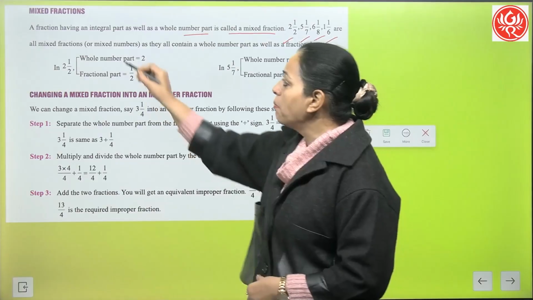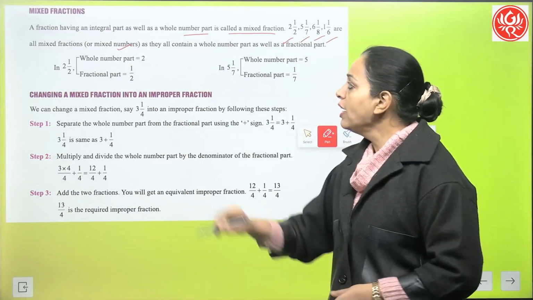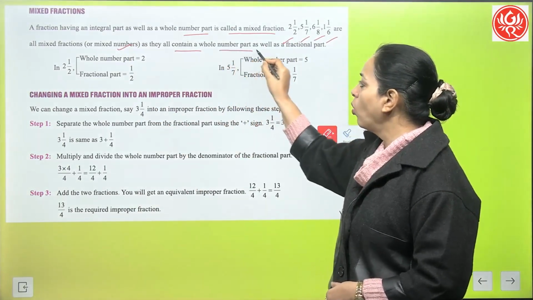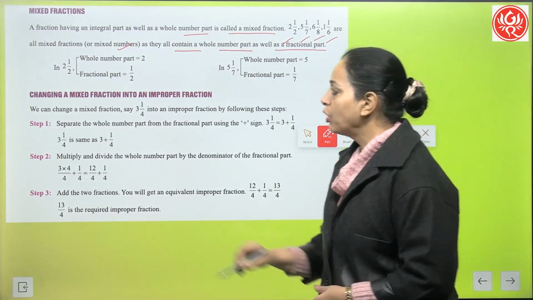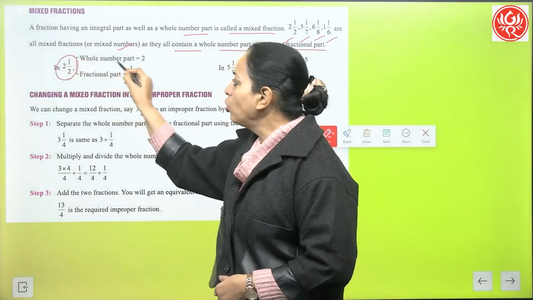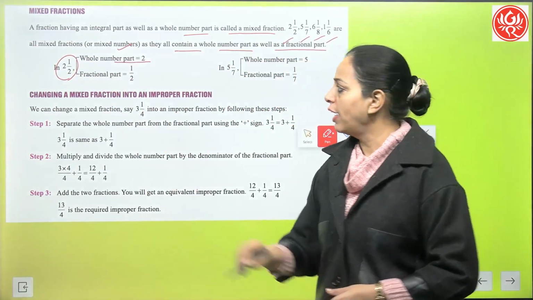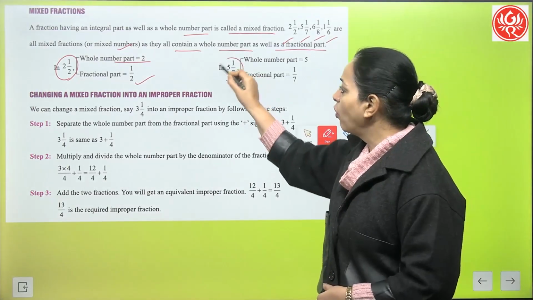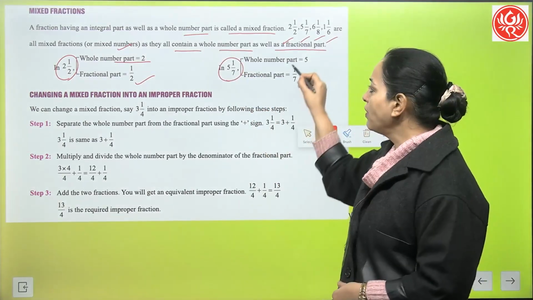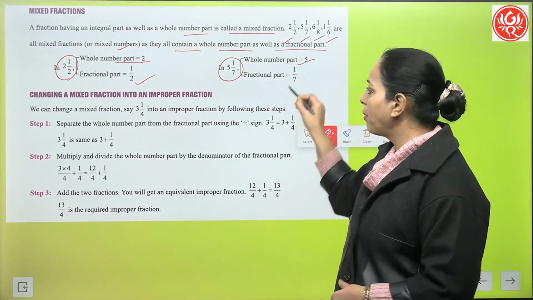These all are mixed fractions, as they all contain a whole number part as well as a fractional part. You see, in 2 whole 1 by 2, 2 is the whole number part and 1 by 2 is the fractional part. Similarly, in 5 whole 1 by 7, 5 is the whole number part and 1 by 7 is the fractional part.